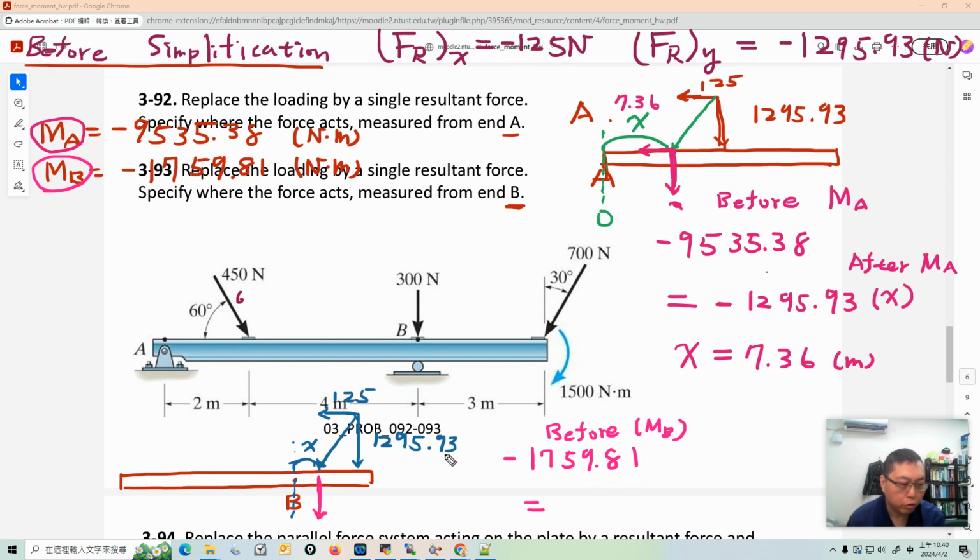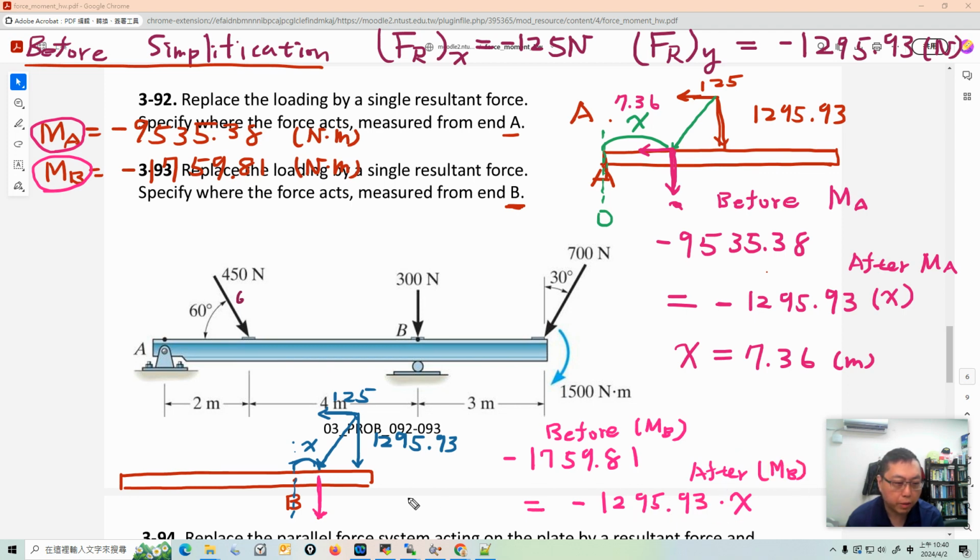Only this vertical force, which is really acting here, creates a moment, and it points down. The reference point is B, so it creates a clockwise rotation and becomes negative: 1295.93, and the lever arm is X. You put everything in, and that's the after simplification, MB.